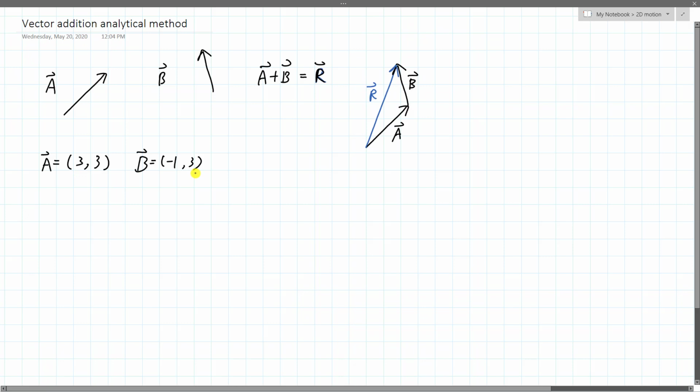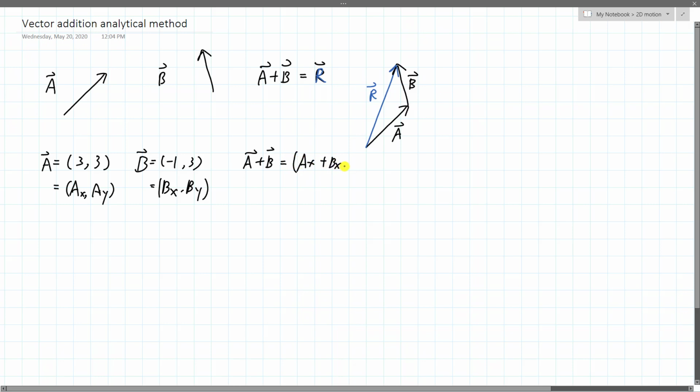So here's what we do: we want to express vector A in its xy components. So this is bx, by. So A plus B is equal to ax plus bx.